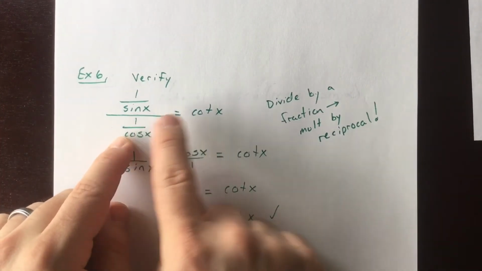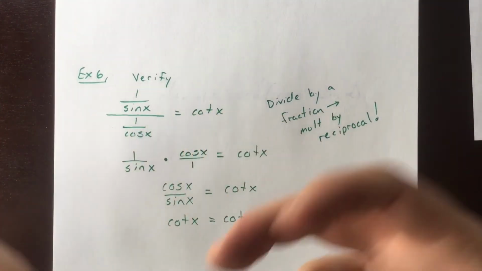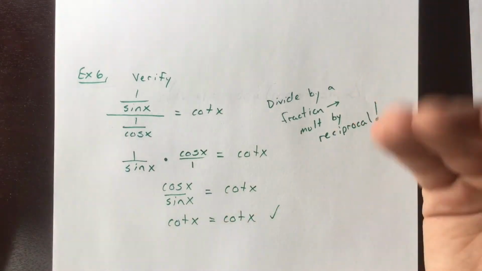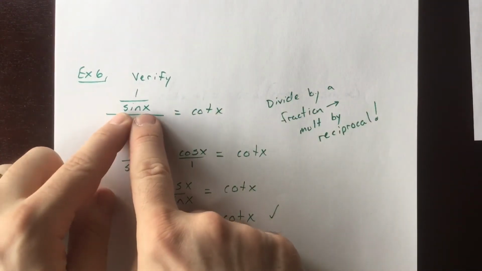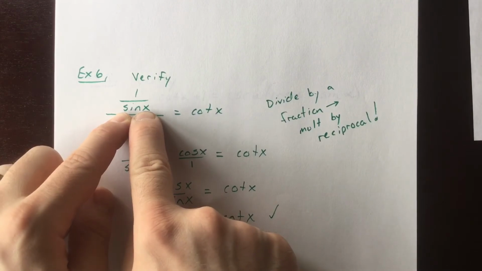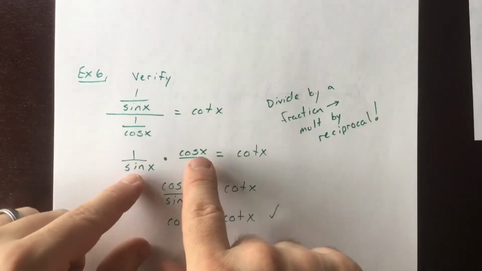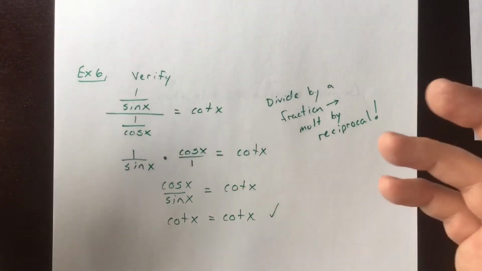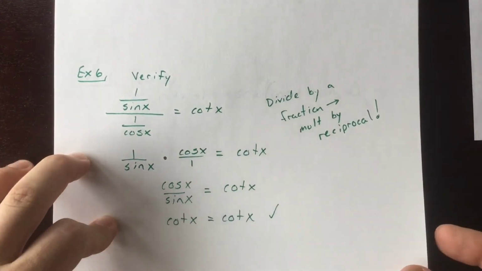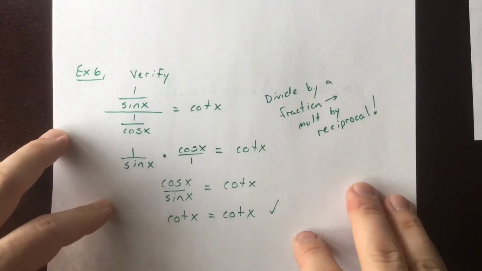I did that because cotangent, I remember, is cosine over sine. So I already kind of had the over sine portion. I needed to get cosine in the numerator. So using the reciprocal does that for me, and we verified it. All right, so how'd you do?